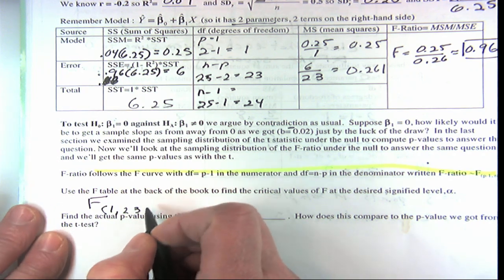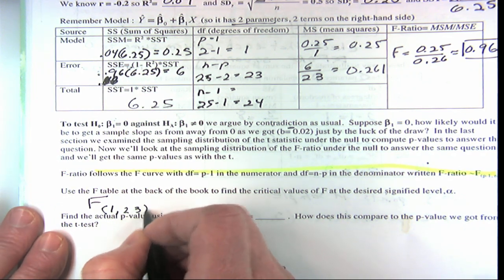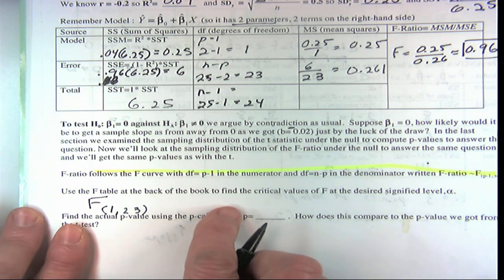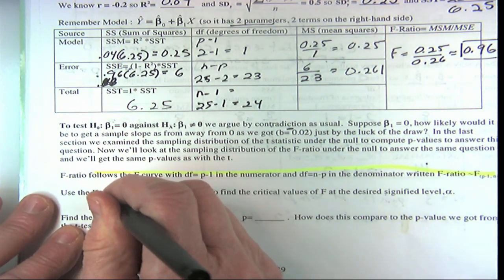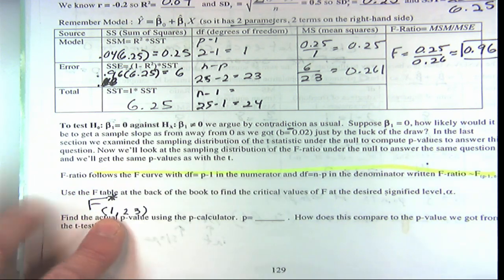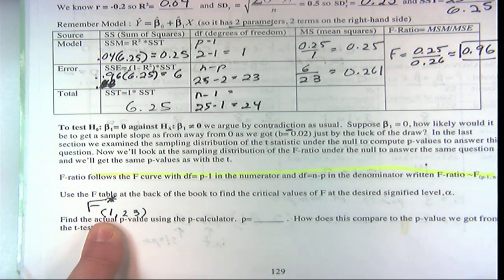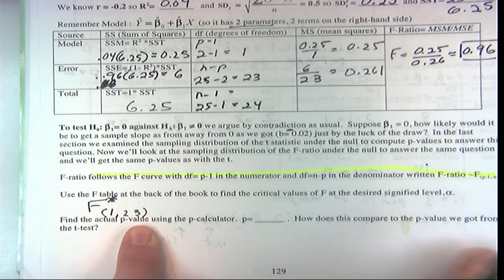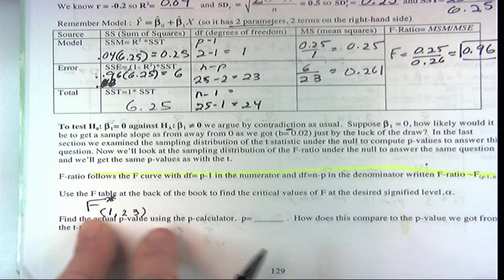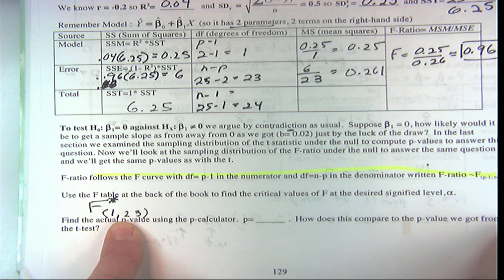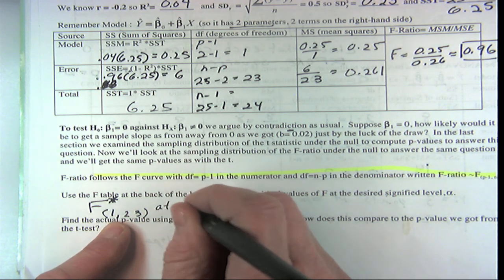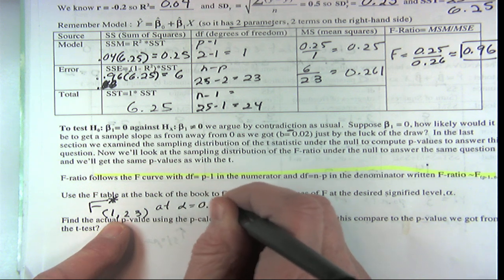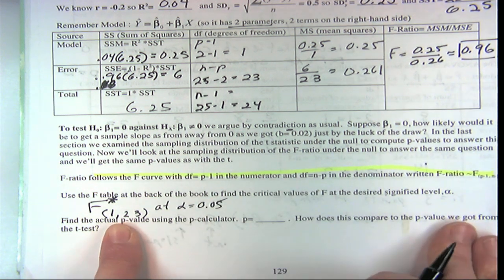Okay, that's what we're going to do. We got this F of 0.96, so we should look at the critical value on this curve. Let's do it, and then we'll look on the computer. So let's look at the critical value at alpha equals 0.05, at 5%. Okay, so let's do that.